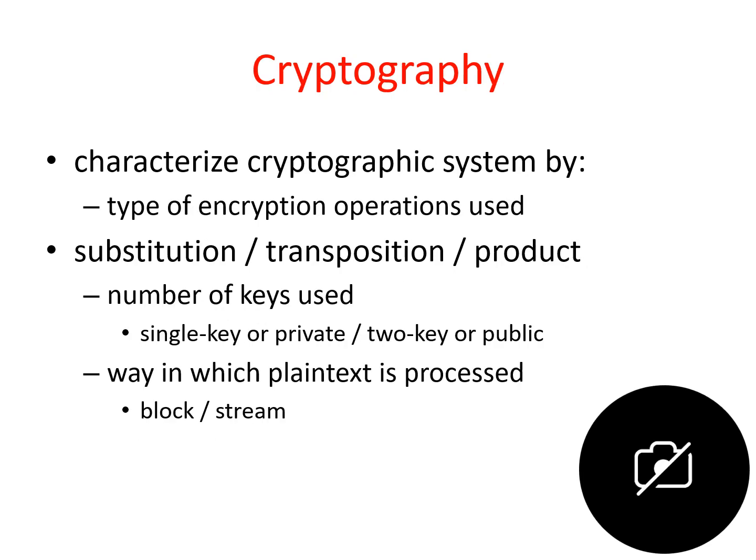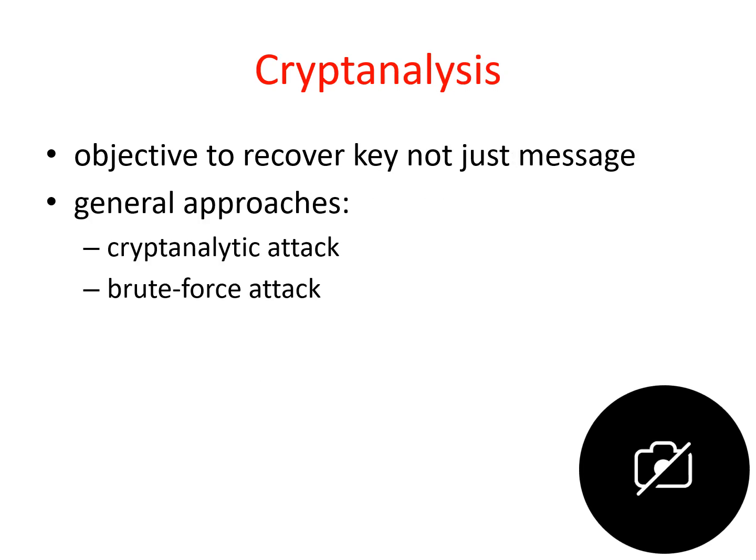So next one. Cryptography we have already analyzed. The cryptographic system is classified based on the types of operation, substitution or transposition; the number of keys, single key or two keys; and the processing method, block cipher and so on. Cryptanalysis is the process of finding the secret key or original message without knowing the key.